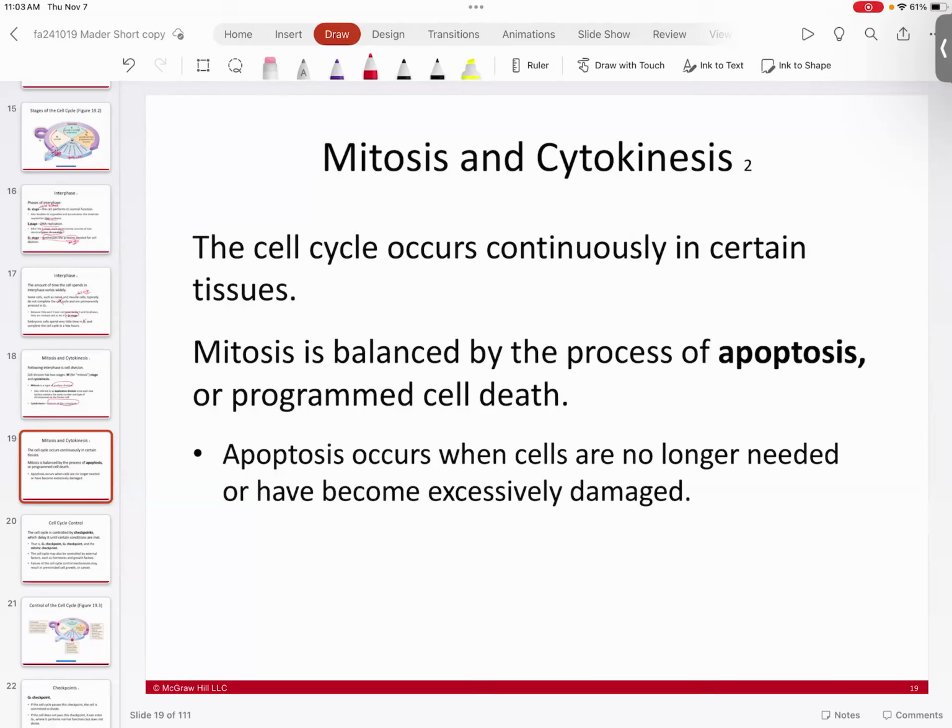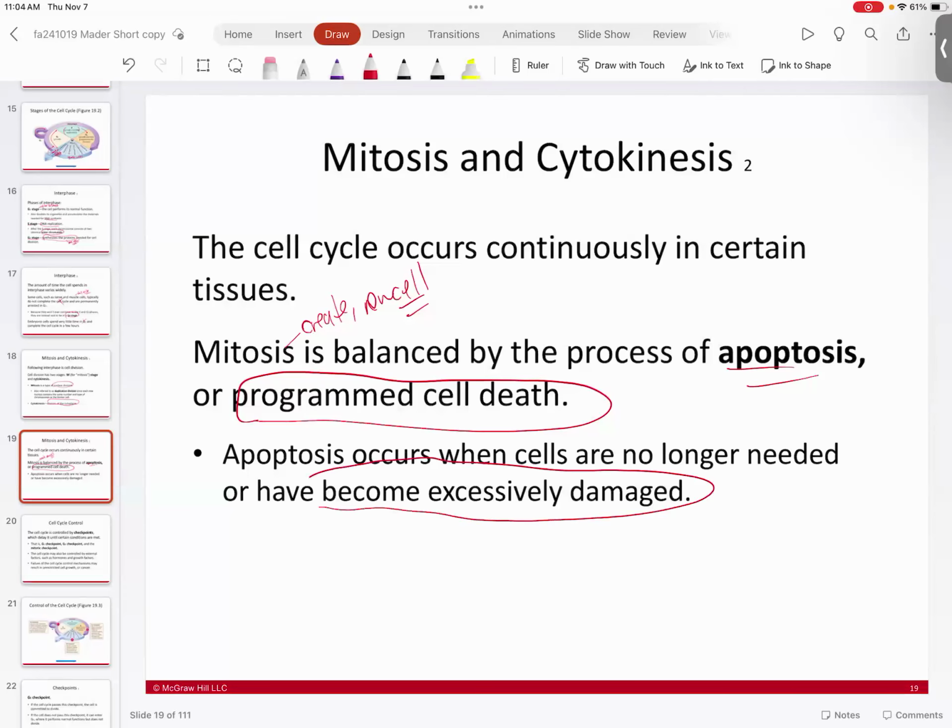And so on one end of the spectrum, you've got mitosis, which is creating new cells. On the other end of the spectrum, you have apoptosis, which is programmed cell death. So if you don't need any cells anymore, then basically you go through apoptosis. Or if you have a lot of damage in a particular cell, then you can also send it through apoptosis.